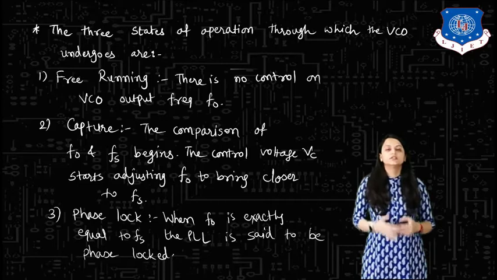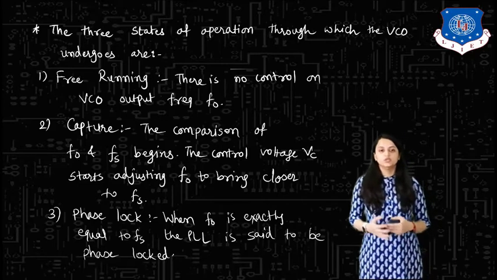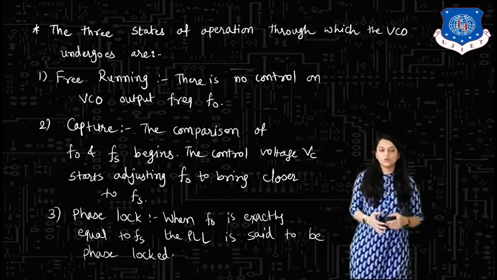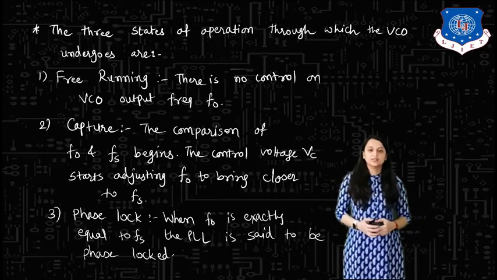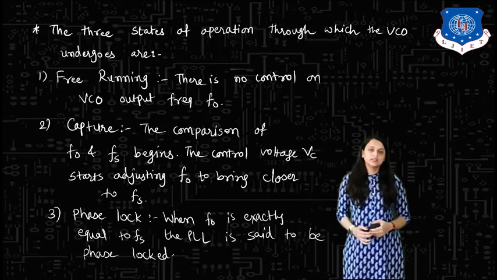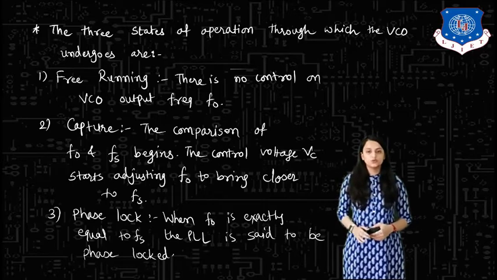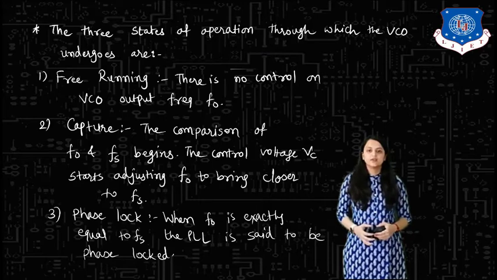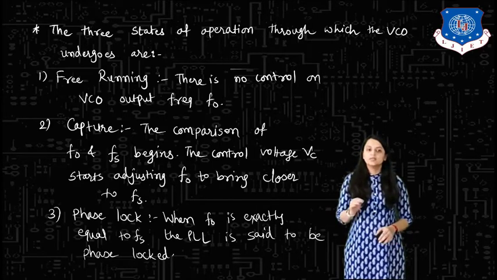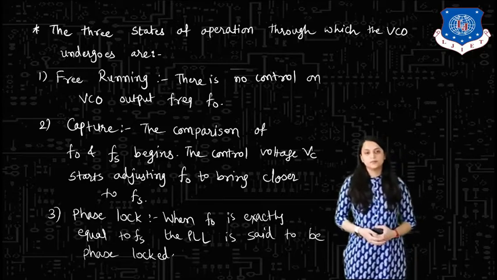Now, the 3 states of operation through which the VCO undergoes are: the first one, the free-running state. In this, there is no control on the VCO output frequency FO. That's why it is called free-running state, where there is no control. The second one is the capture state.